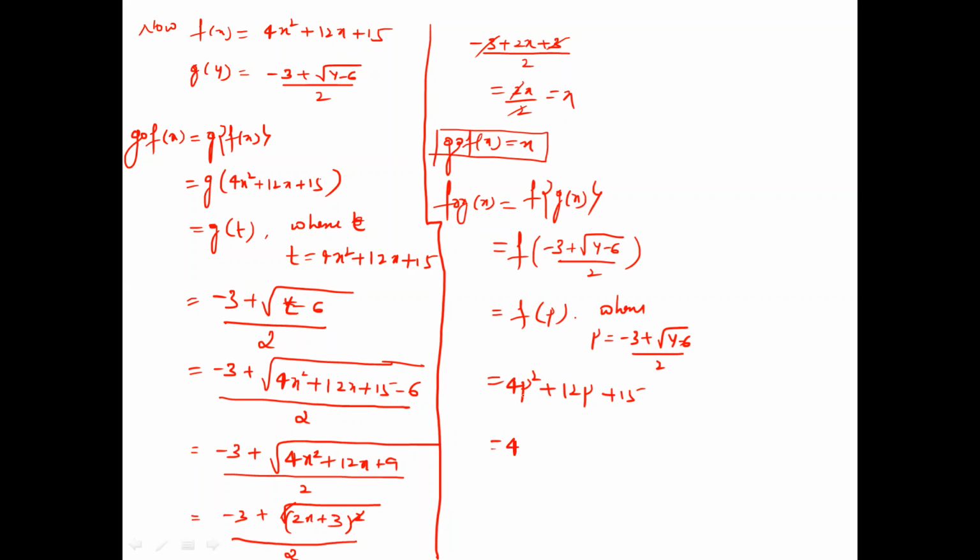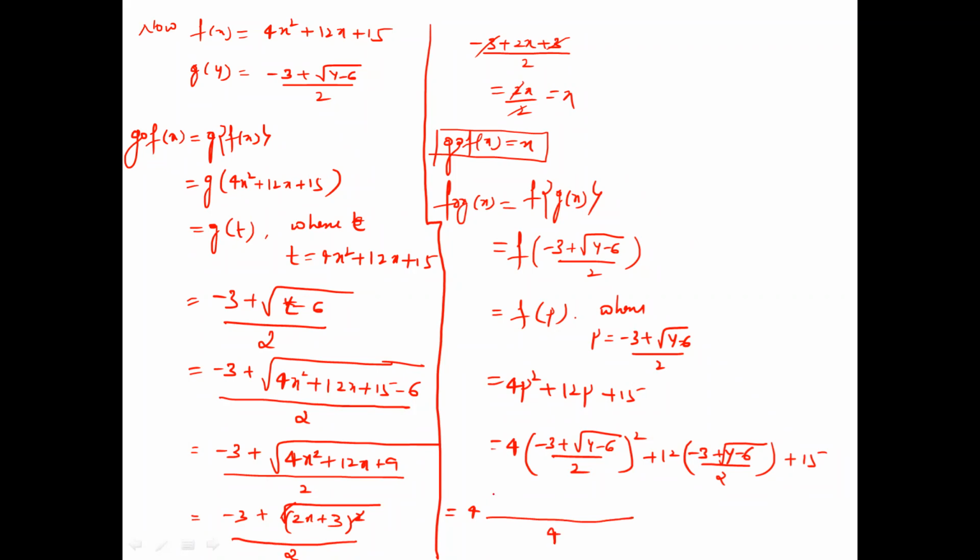Now 4 times p, where p is minus 3 plus root of y minus 6, divided by 2, whole square, plus 12 times p, that is minus 3 plus root of y minus 6 divided by 2, plus 15. Now to simplify this, squaring on both sides gives 4 in the denominator.